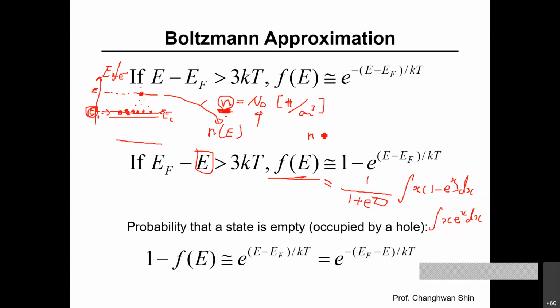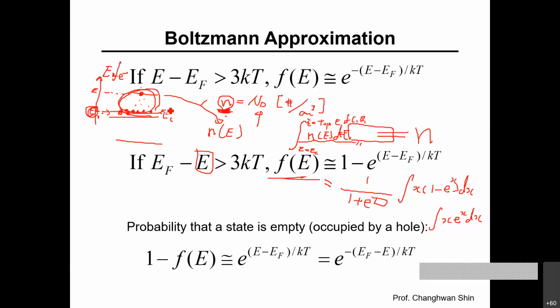Well, if you can write down an analytical equation for N of E, then if you sum N of E for all the energy levels in the conduction band, from E sub C to the top energy of the conduction band, once you do the integration work, the answer would be N, right? So previously we have learned how to estimate the total number of free electrons in silicon materials.